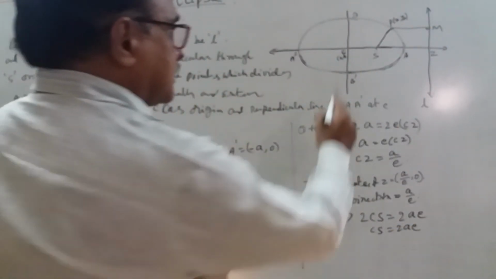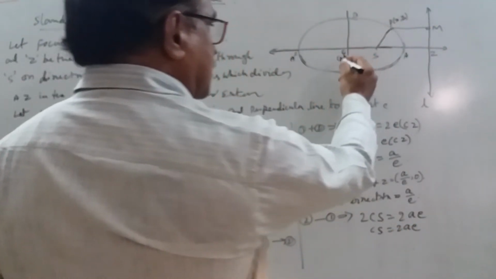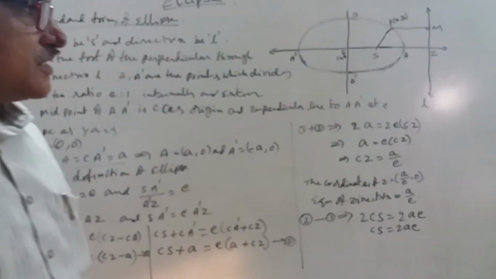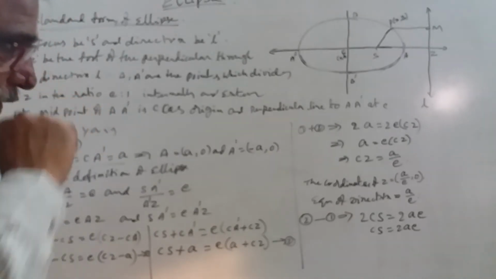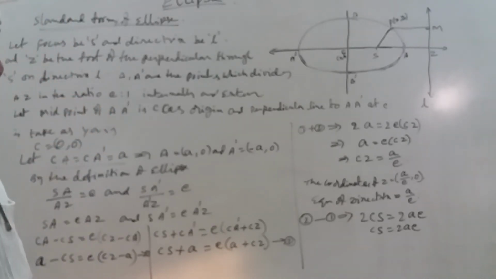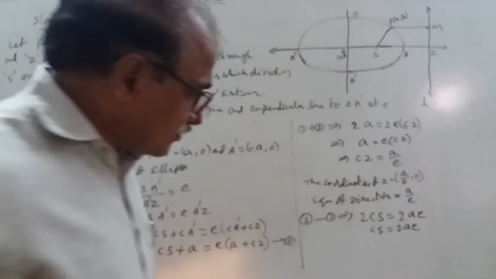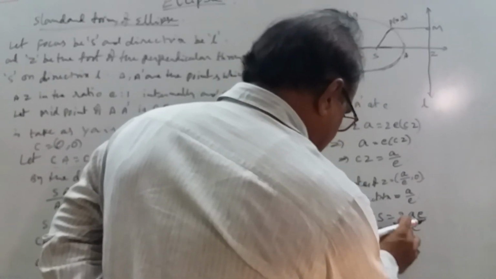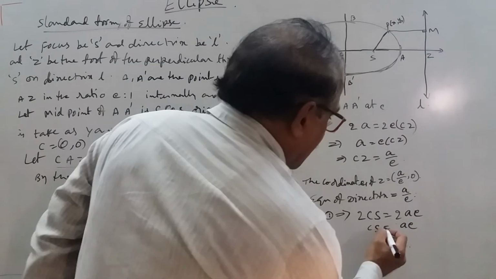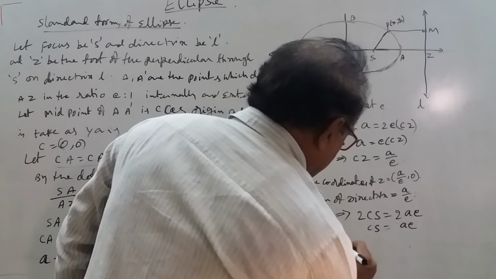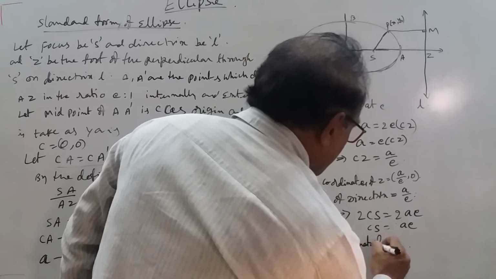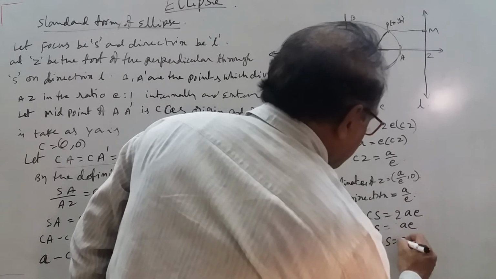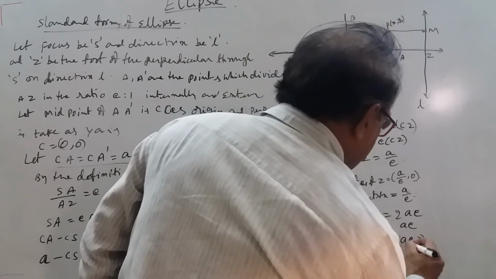What is CS? Since the coordinates of C are 0, 0, then S is equal to ae, 0.